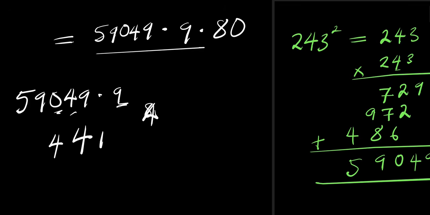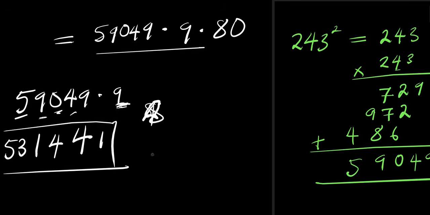We have 4. 9 times 9 again, we have 81. 1 carry over 8. And 9 times 5, we have 45 plus 8, that is 53. So we are going to multiply this by 80.